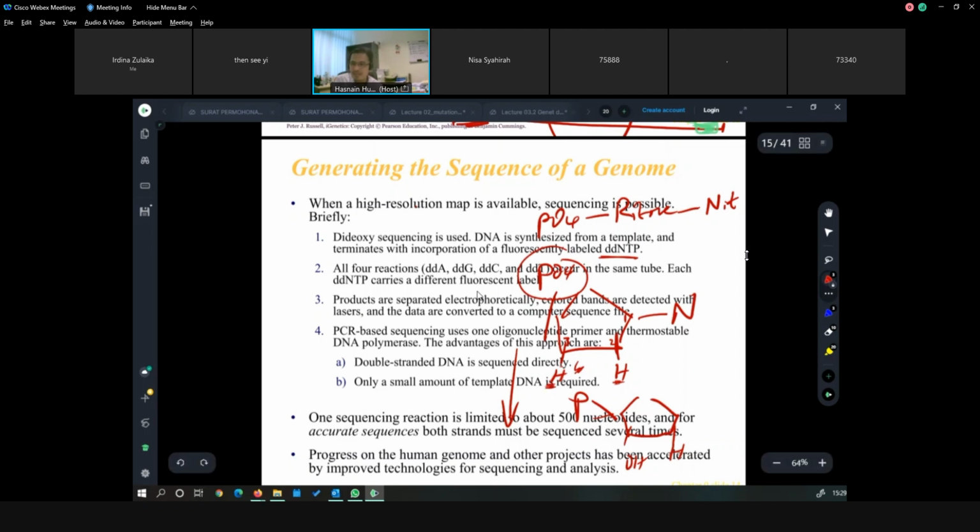So when this happens, I remove the oxygen from over here, no oxygen from over here. So you have mono and di. Di means two, isn't it? So dideoxy means that I don't have the oxygen molecule at this position.